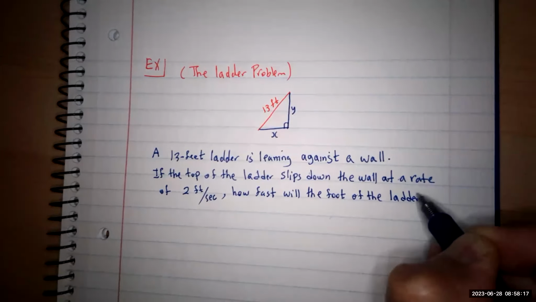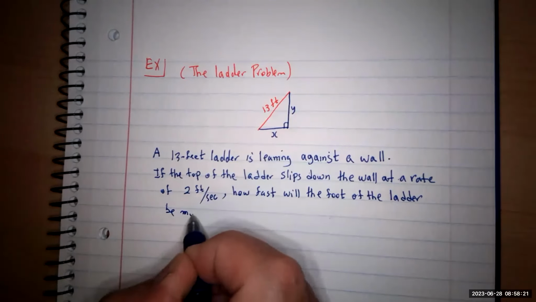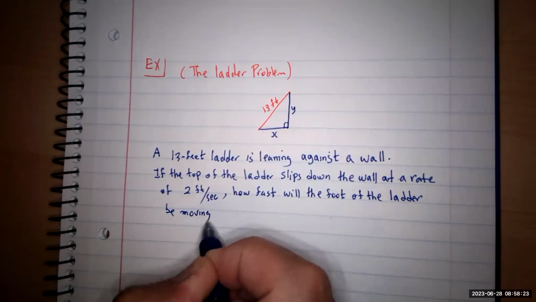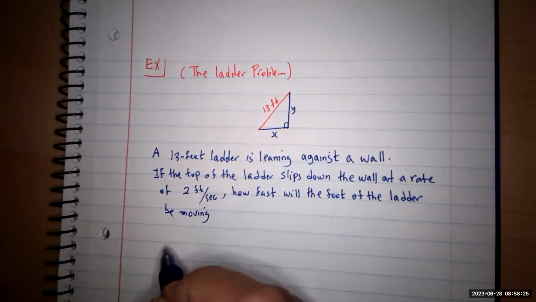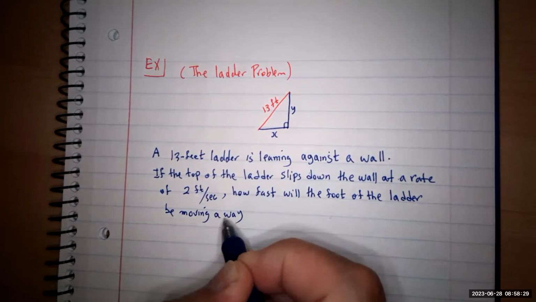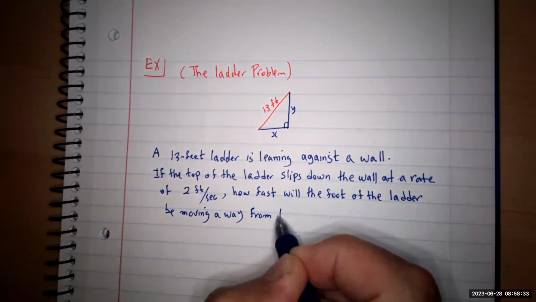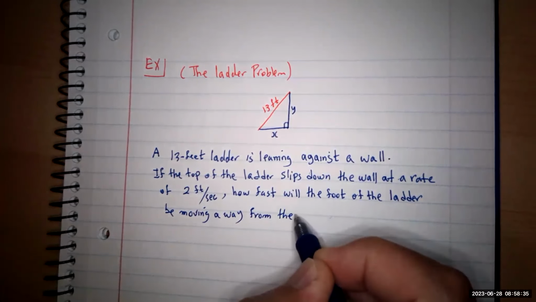Okay, the foot of the ladder is moving away from the wall. That's going to be 1.